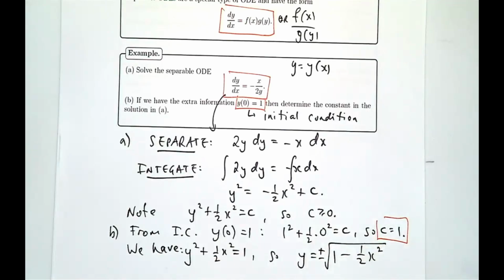Okay. So now it looks a bit weird because it looks like we've got two solutions. Right? But let's actually draw those two curves and see what they look like.